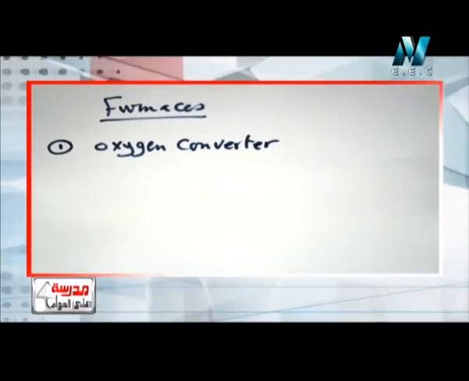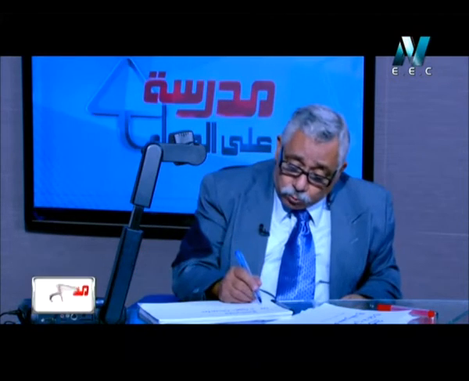An oxygen converter contains oxygen. We put the pig iron which comes from the blast furnace into the oxygen converter in order to get rid of impurities by oxygen, to oxidize the impurities, and then we add the wanted substance in order to get a type of steel.